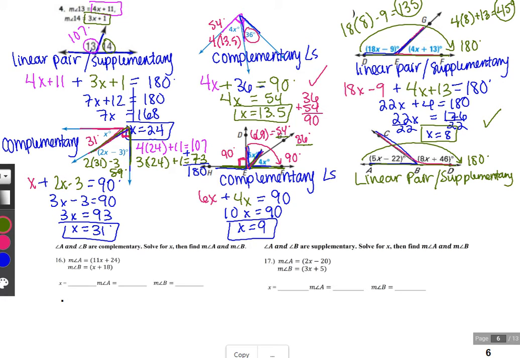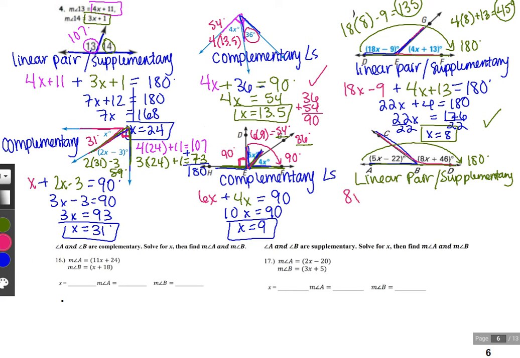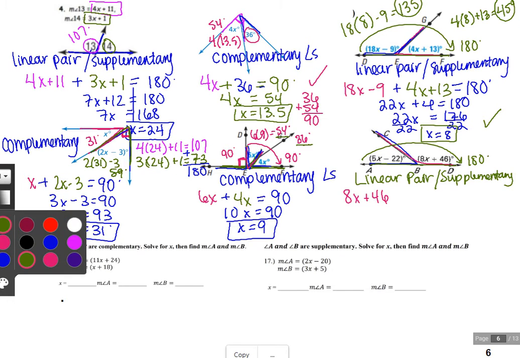Alright, I know that our angle CBD, which is 8x plus 46, plus the angle in blue here, angle ABC, 5x minus 22, should equal 180 degrees.